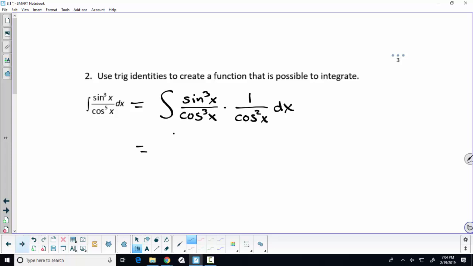So we can write this as tangent cubed times secant squared. Totally valid to do that. Doesn't help, right? That's always the question with antiderivatives: what I do, does that help?